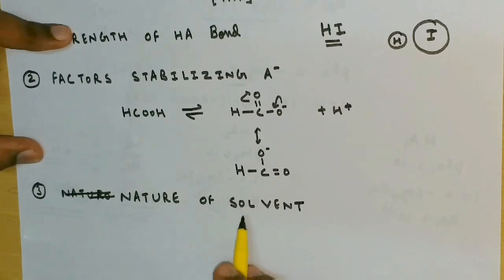If the solvent is strongly basic, the acid will be keen to show its acidic properties. But if it has an appreciable acidic strength, then it will compete with HA, or it will be reluctant to accept protons from it. So the acidic strength is high if the solvent is basic in nature, and low if the solvent is acidic.